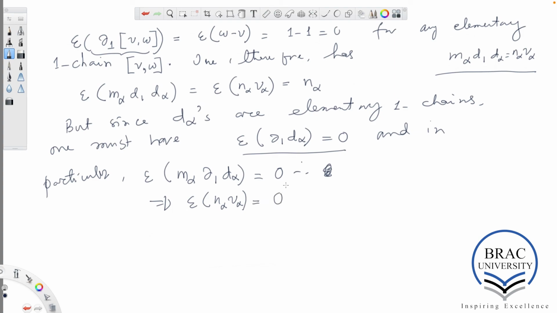Since epsilon of v alpha is 1, one is forced to have n alpha equal to 0.